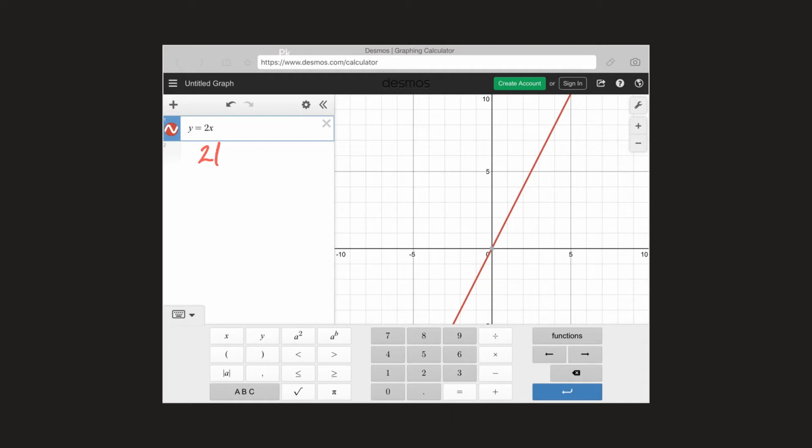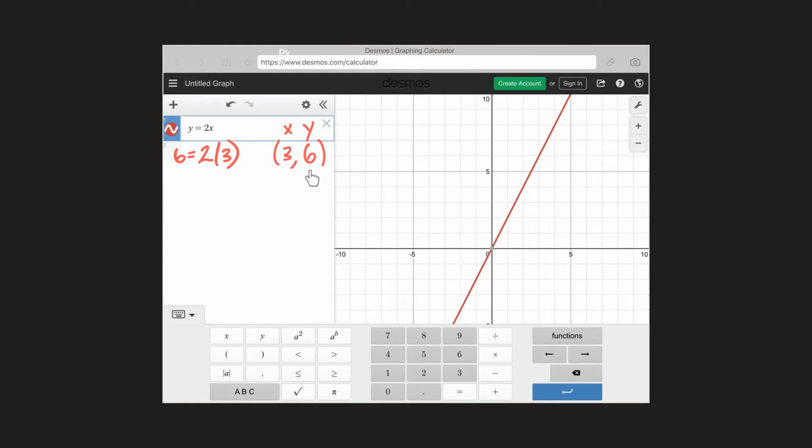Let's say 3. 2 times 3 is equal to 6. So a solution would be given as an ordered pair, where the first number is the x number and the second number is the y number. The first number in this case was 3. The x number was 3. And the y number ended up being 6. This is a solution right here.